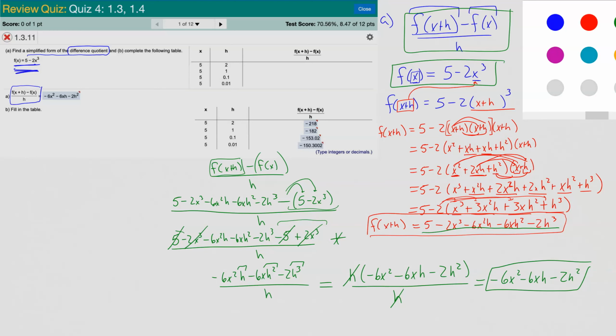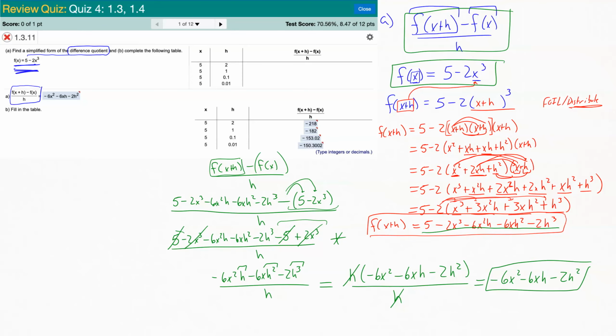And part B on this is giving us this table of values right here. And what they're doing is they're keeping that x value the same, and then they're changing up the h value. So they're having us plug in the x value and the h value into this equation to get out the different answers here.